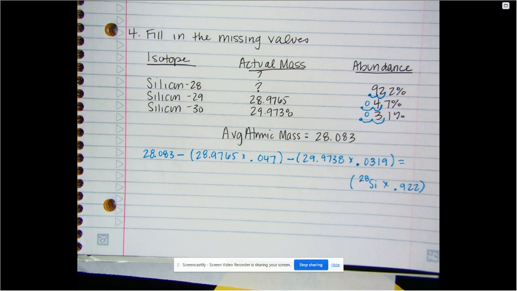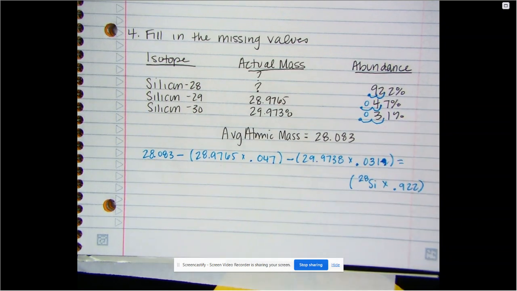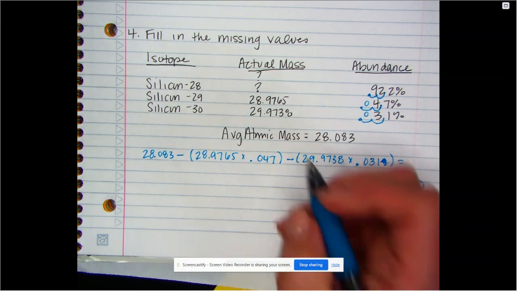Give me just a second. 28.083 minus 28.9765 times 0.047 minus 29.9738 times, oh, that's not a 9. That was the percent sign. I just couldn't read my own writing. Times 0.031. There we go.